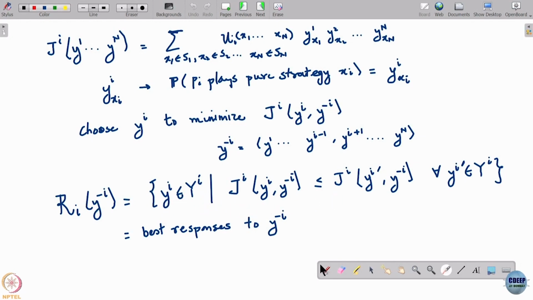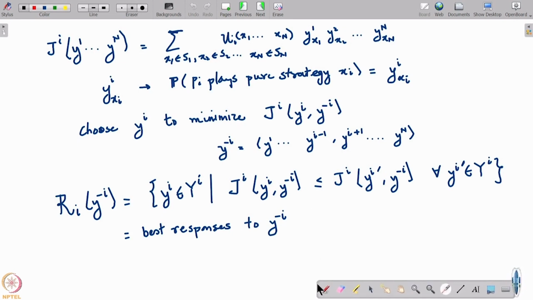To show that R is convex valued, we will show that each Ri is convex valued. In other words, if you fix a y, then for every i, Ri of y minus i is going to be a convex set.